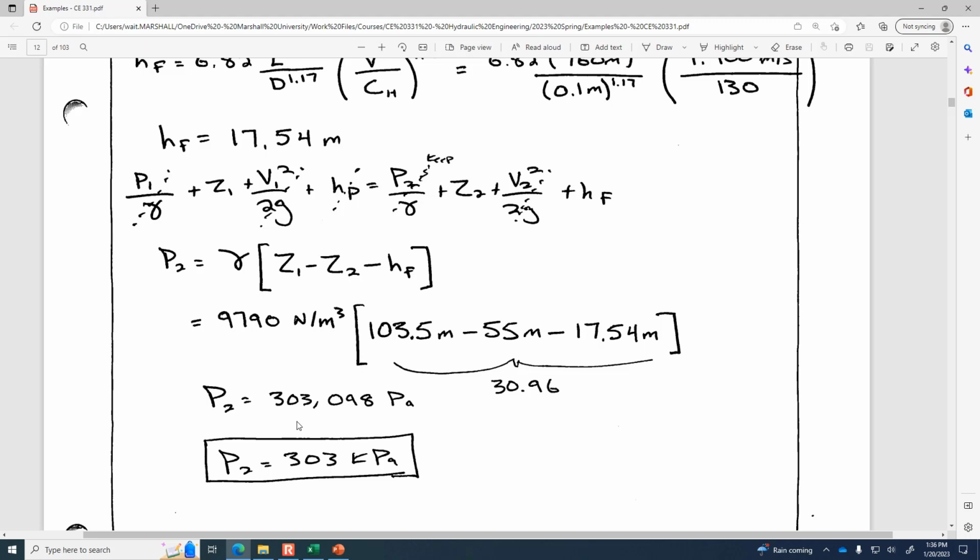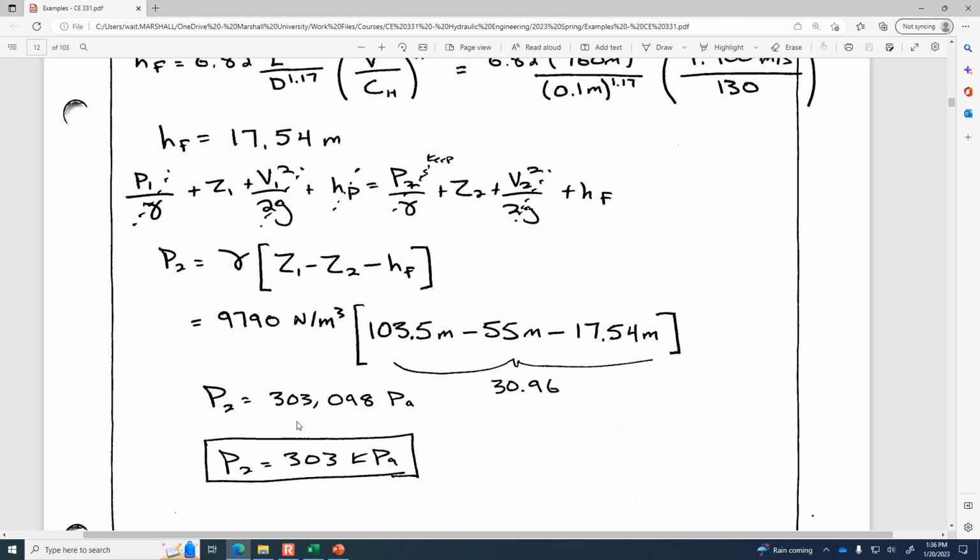And so then if you multiply that by gamma, so if you wanted to turn it from a velocity head into how much pressure would actually be accounted for by the speed of the water as it's flowing through the pipe. So this velocity head multiplied by 9790 newtons per meter cubed is equivalent to a pressure of about 0.98 kilopascals.